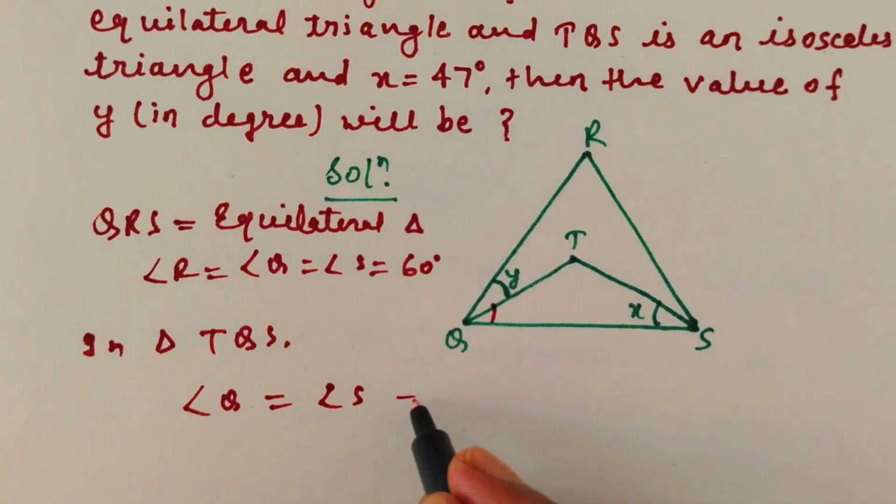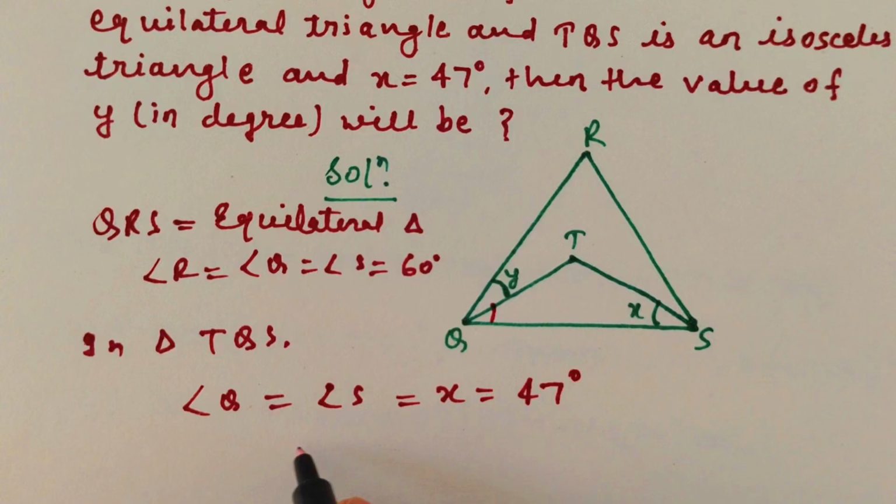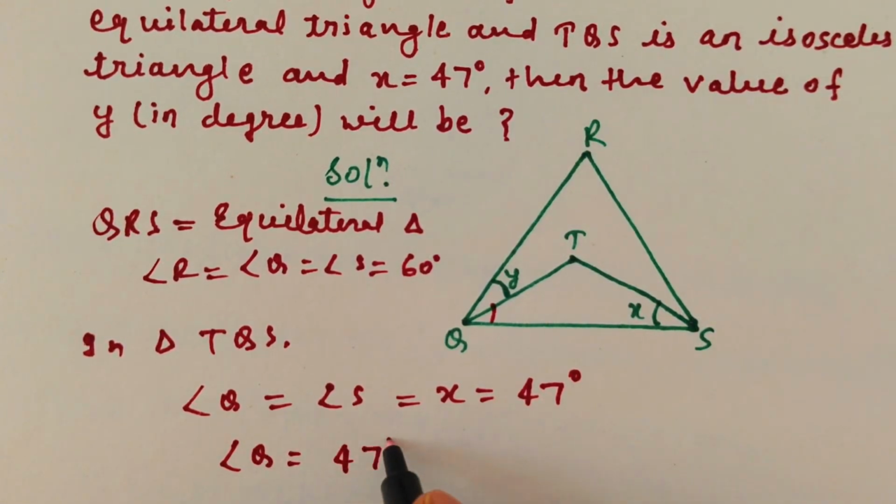So we can put X, and the value of X is 47 degrees, so angle Q equals 47 degrees.